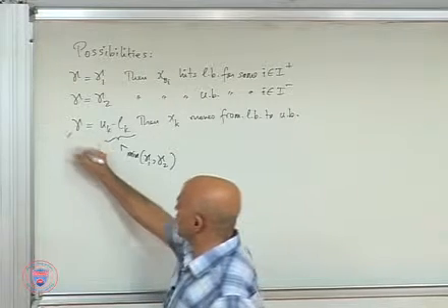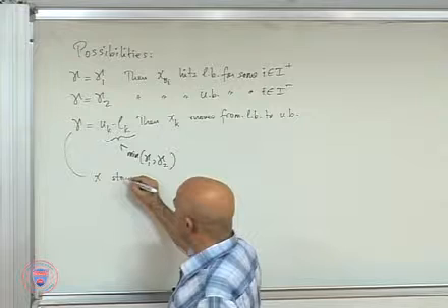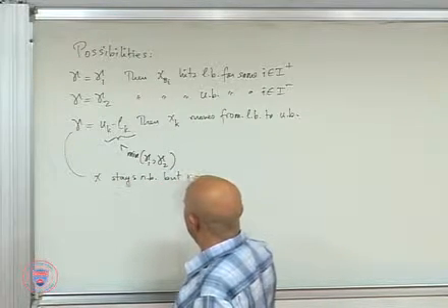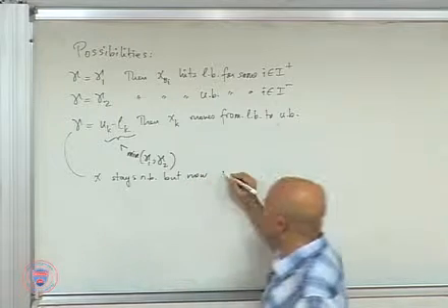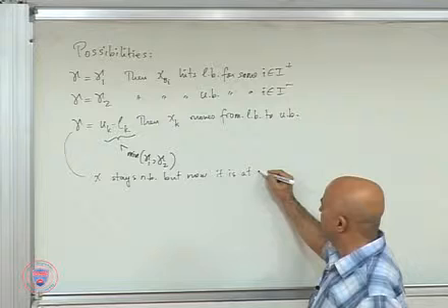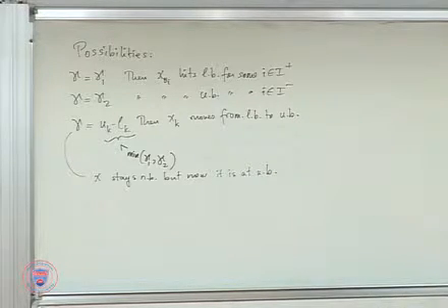So in this case, xk stays non-basic, but now it is at its upper bound, whereas it used to be at the lower bound.